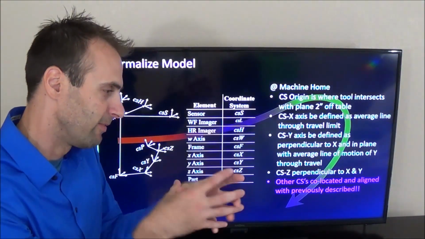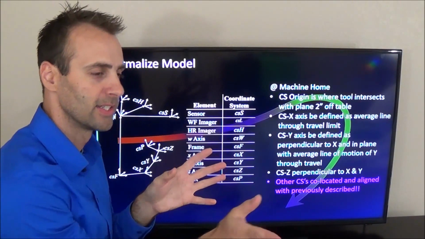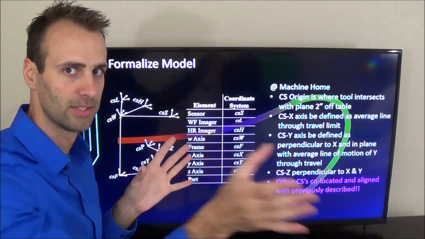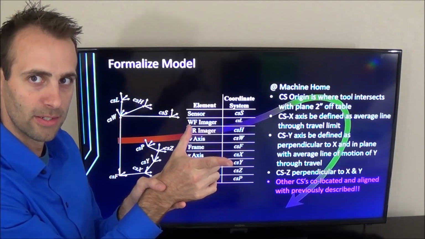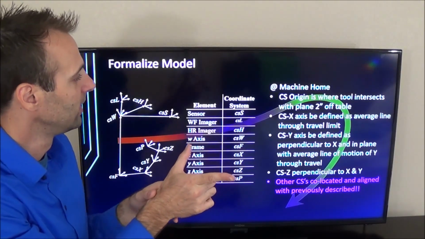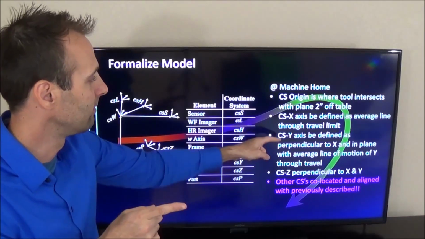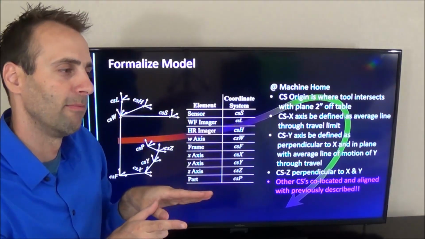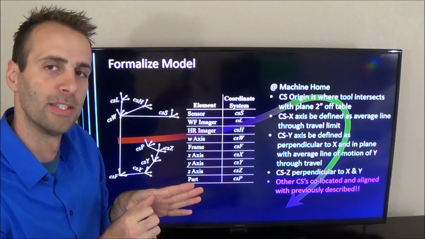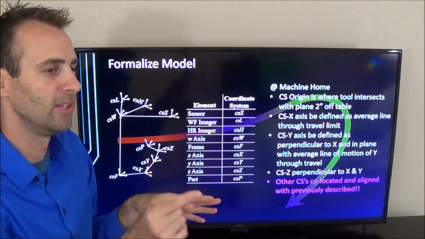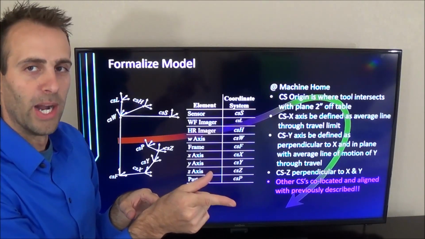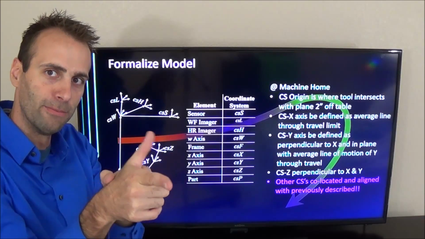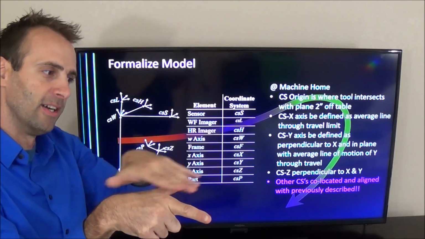And then I'm going to say the orientation of that is going to be, if I move X and it's meandering all over, I'm going to take the average line of X and align my first coordinate system to that. That's going to be my x-axis. Then when I move the Y, it's going to be doing the same thing, with some average direction. And then I say my Y coordinate system is perpendicular to X, and the degree of freedom would be along the plane of that XY.